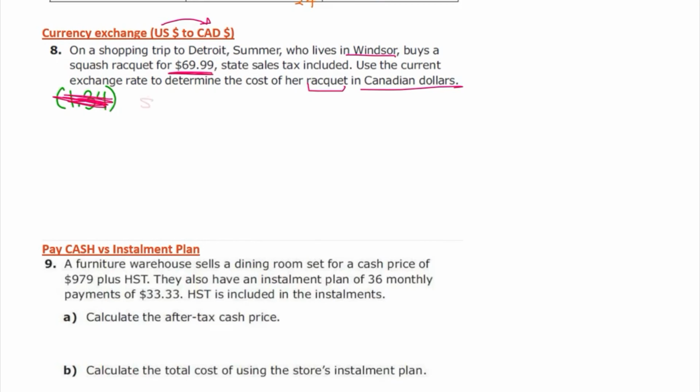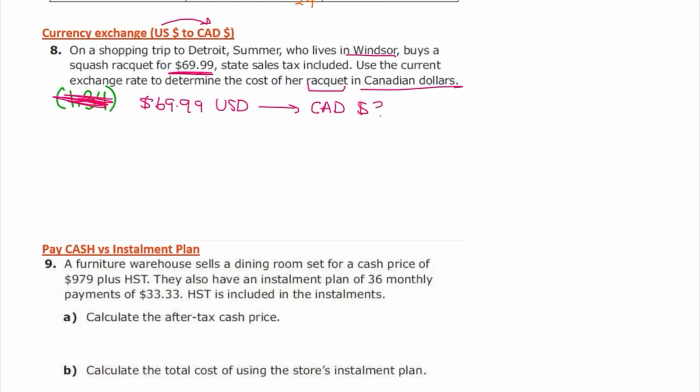So the amount of this particular racket in US dollars is $69.99 USD, and we're asked to find the price in Canadian dollars. We don't know what that is.